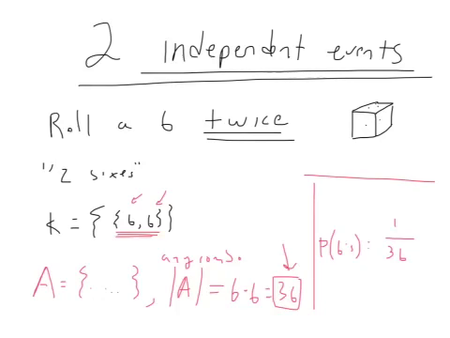But what we can see is this is just, with two independent events, the probability of getting one 6 times the probability of getting another 6, 1/6 times 1/6.